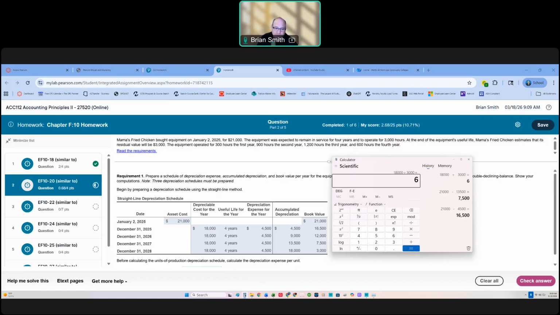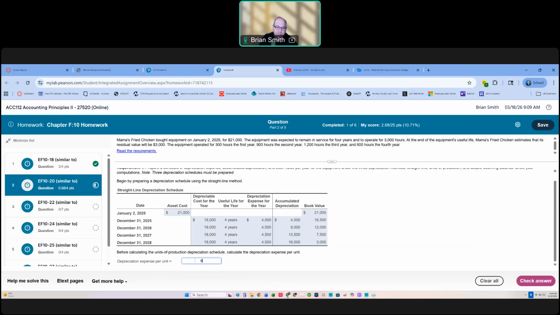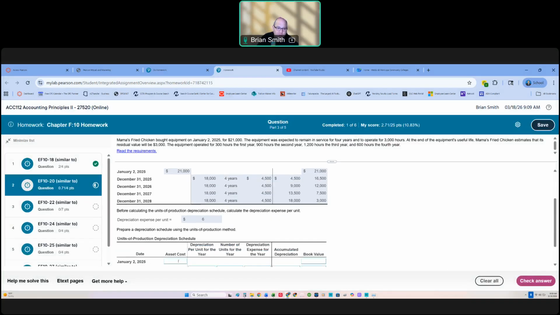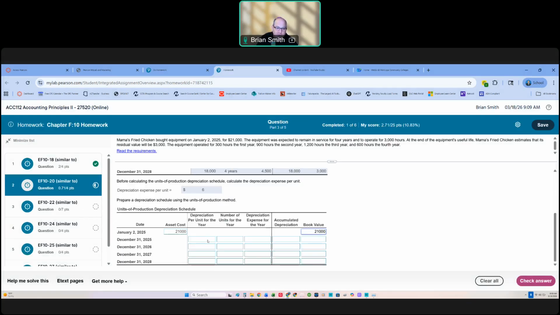So we should have $6 per hour. Everything up here is going to be identical as far as the start. Now, depreciation per unit for the year is going to be 6, and that's going to be 6 for every year.